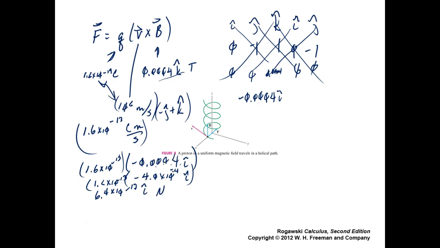Now, I don't know if you know where those newtons come from. You don't need to worry about it. Just know that forces come in newtons. Your velocities are in meters per second and your B in Tesla, but if you broke Tesla down to its fundamental units and then mess with them, you would see that does come out to be newtons. So we'll just take them at their word for it.